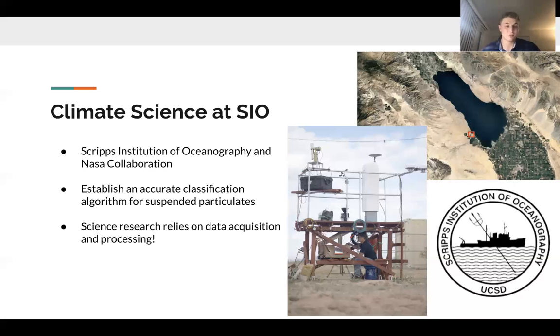So in general, science research relies on data acquisition and processing and the insights you get from it, to apply to these huge, groundbreaking research topics that hopefully many of you in the audience will be embarking on in the future.